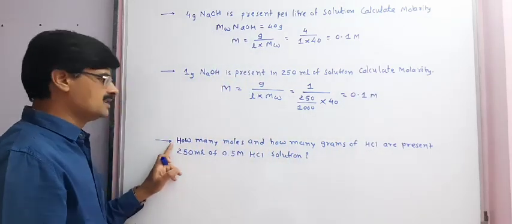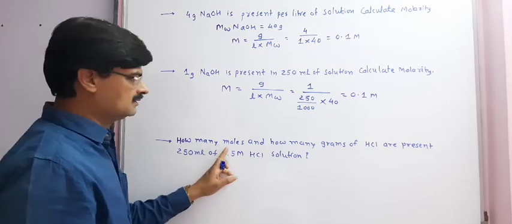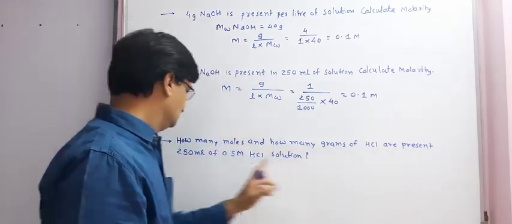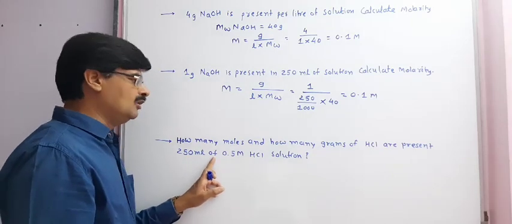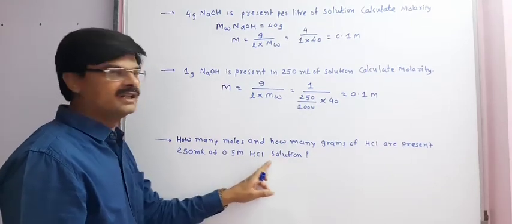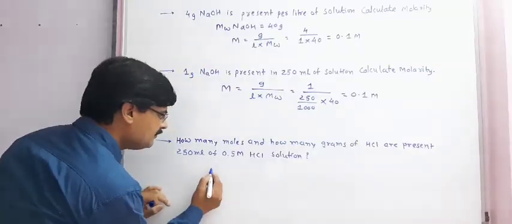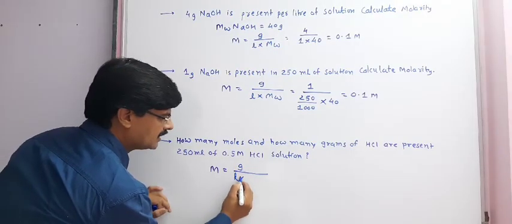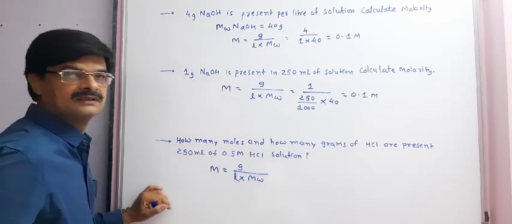Now in the third question, how many moles and how many grams of HCl are present in 250 ml of 0.5 molar HCl solution? Molarity is equal to gram per liter into molecular mass.